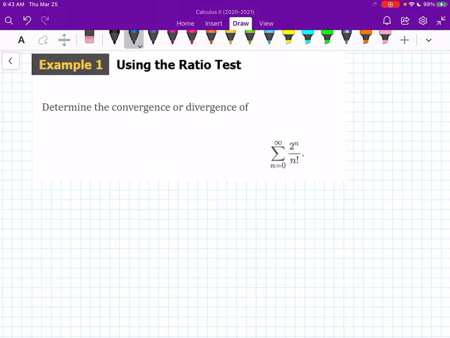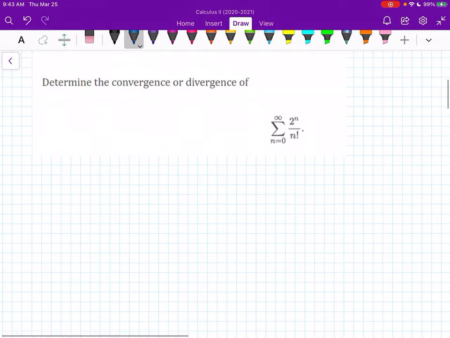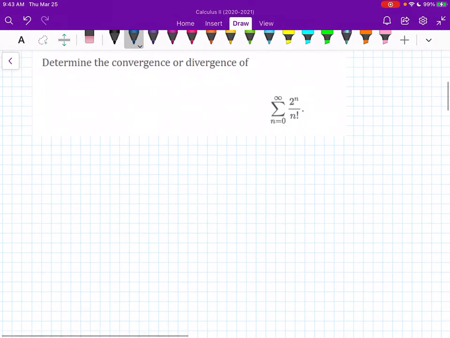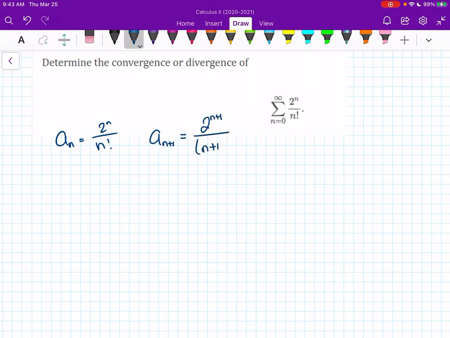Our first example says determine the convergence or divergence of the series from 0 to infinity of 2 to the n over n factorial. My nth term is 2 to the n over n factorial. My n plus 1 term would be 2 to the n plus 1 over n plus 1 factorial.